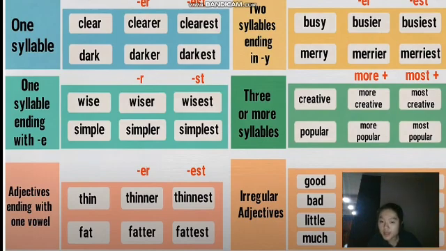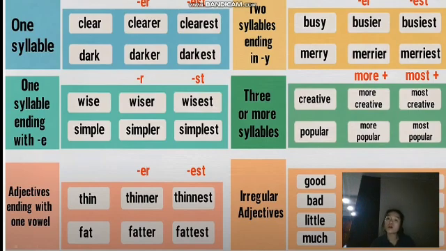The most important thing is that there are some irregular adjectives that you have to learn by heart or do a lot of exercises, because they don't follow any rules. For example, good for positive form, better for comparative, and the best for superlative. Bad, worse, and worst.